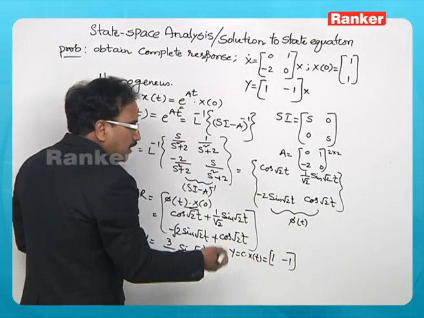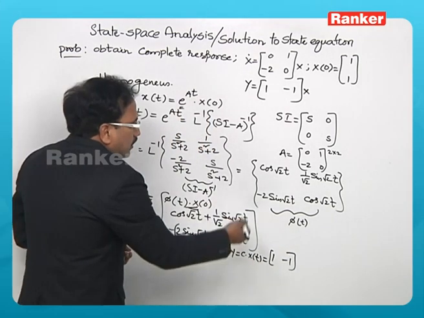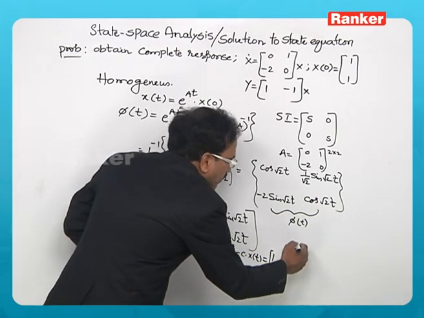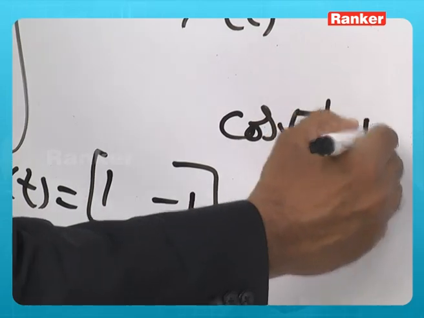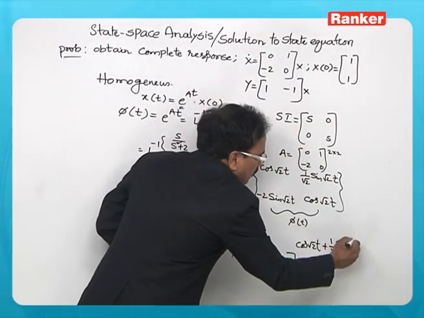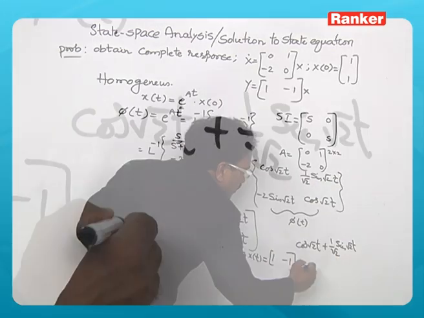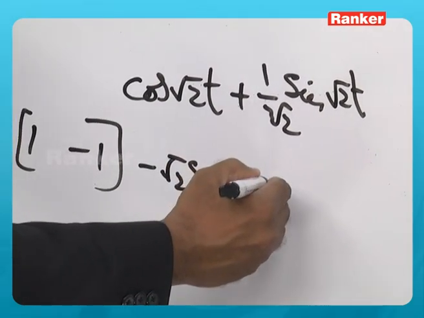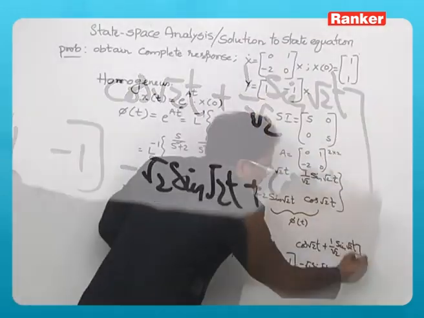So, you need to multiply this 1 and minus 1 with the x of t you have got, that is cos root 2 t plus 1 by root 2 sine root 2 t, then minus root 2 sine root 2 t plus cos root 2 into t.